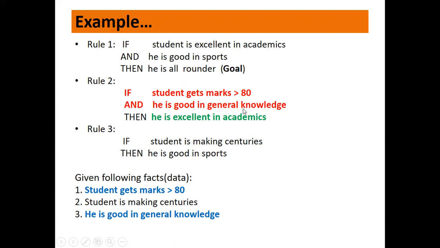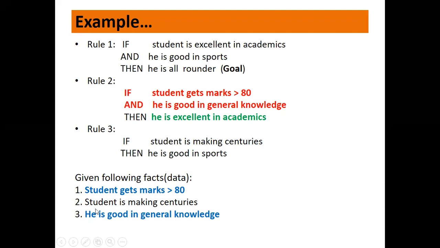So given these two facts which are matching with our rule, what we get in the then part is he is excellent in academics. So this is the sub goal we have got. Sub goal is: he is excellent in academics.